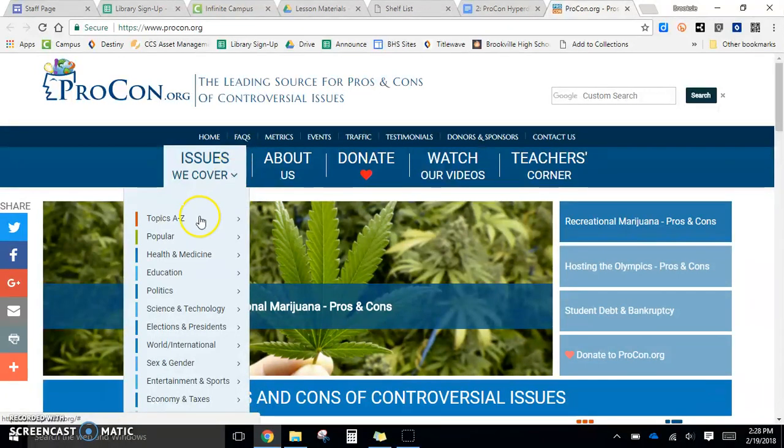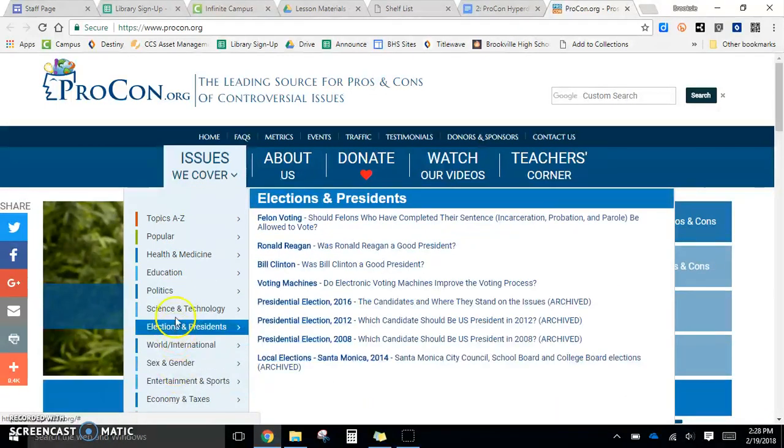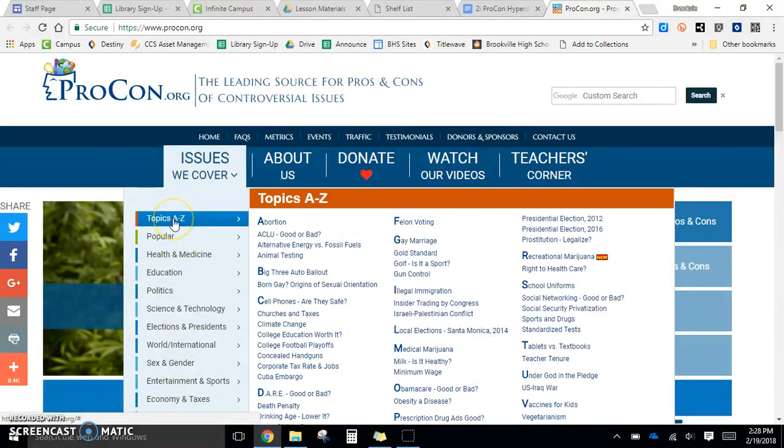You can look at any of these little side places here, but you can also just look at topics A to Z. My suggestion to you is to first look and see if any of these topics align with what you chose in your proposals, like the topic that you really want to research.